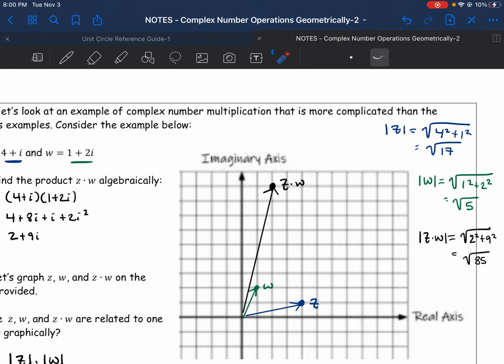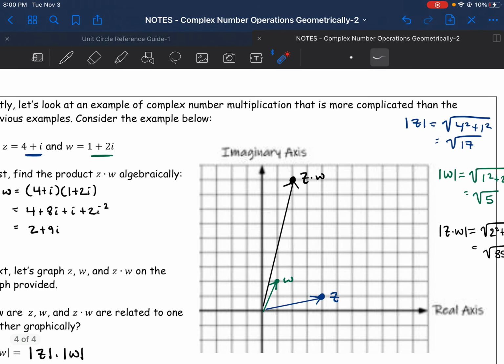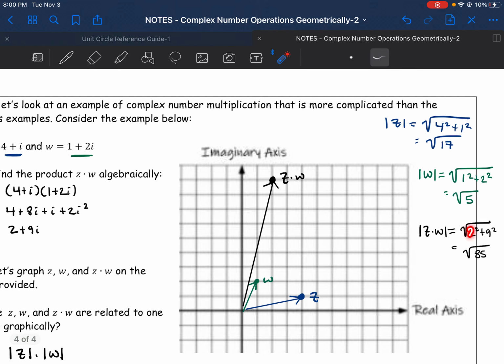And then lastly, let's go ahead and take the modulus of the product, z times w. Well, again, we know z times w is 2 plus 9i. Calculating the modulus, that's going to be the square root of 2 squared plus 9 squared. That gives us the square root of 85. So is there any relationship between square root of 17, square root of 5, and square root of 85? Well, notice the square root of 17 times the square root of 5 would give us the square root of 85.